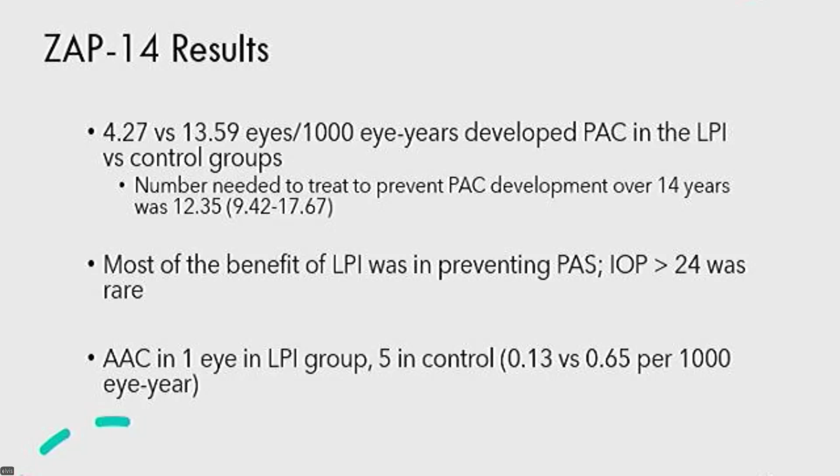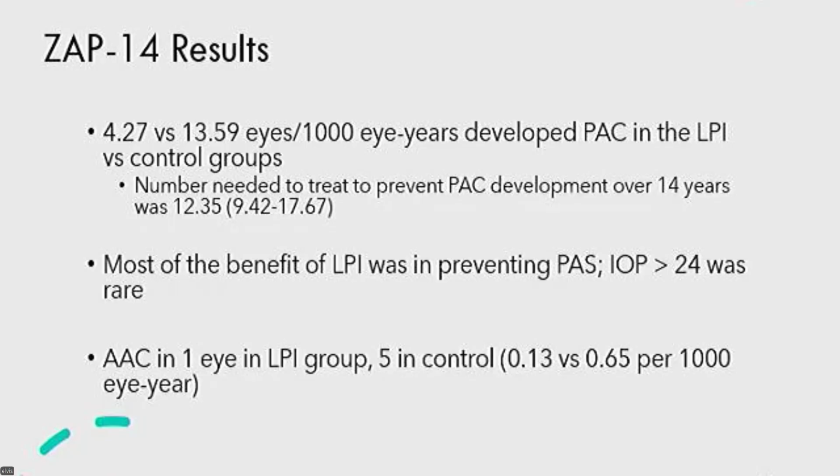And we have to recognize that most of the benefit of placing the iridotomy was in prevention of synechiae. Not necessarily elevated pressure, not necessarily acute angle closure crisis. And even in this cohort, only 1 eye in the iridotomy group and 5 in the control had acute angle closure. So very low incidence.